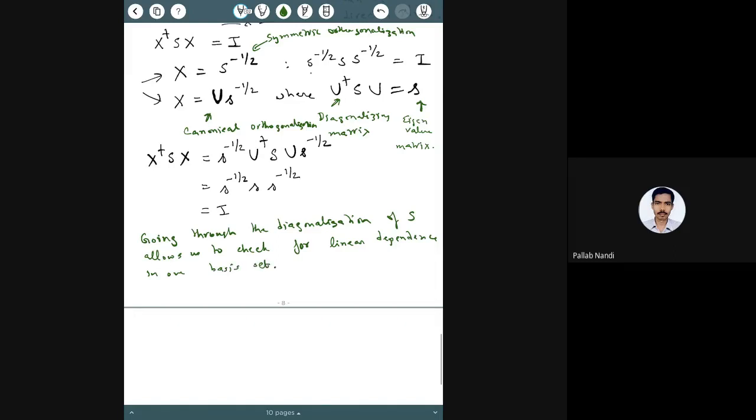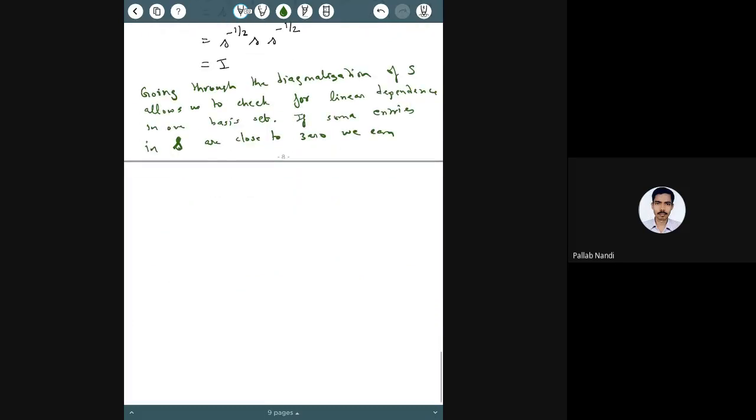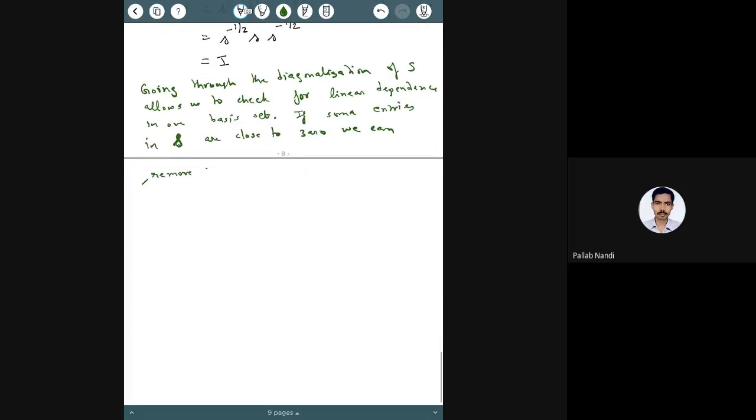If some entries in small s, which is the eigenvalue matrix of capital S, are close to 0, we can remove them and the corresponding entries in X.